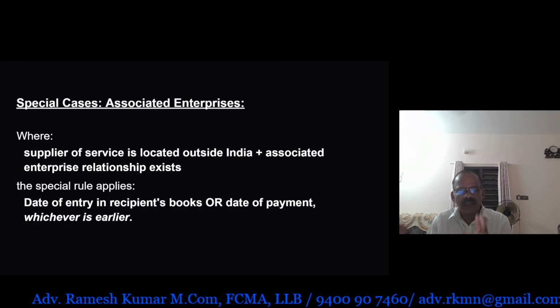The earlier date is 10th August. Therefore, that becomes the time of supply under this special rule. So, whenever you see a combination of foreign supplier plus associated enterprise and supply of service, immediately remember that there is a special rule and apply this particular rule.